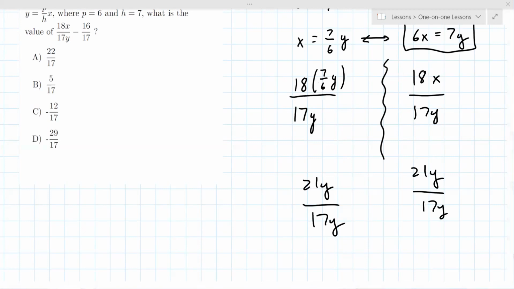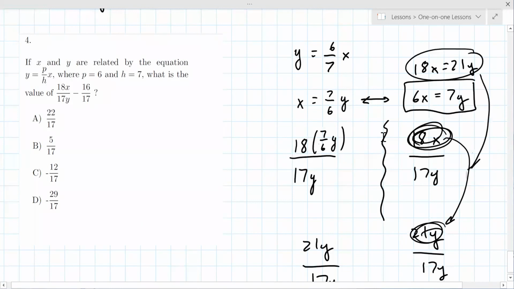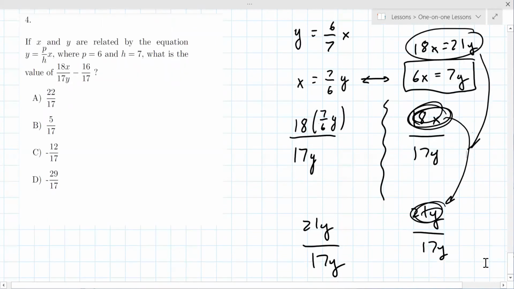So if you have 18x equals 21y, instead of 18x, you're writing 21y because of this substitution up here. So you write 21y over 17y, and then just cancel out the y.